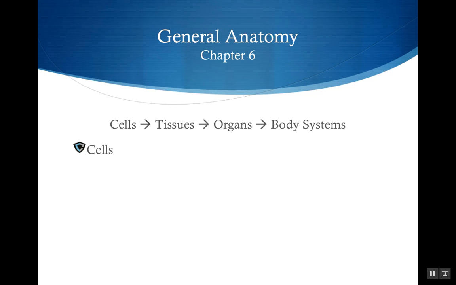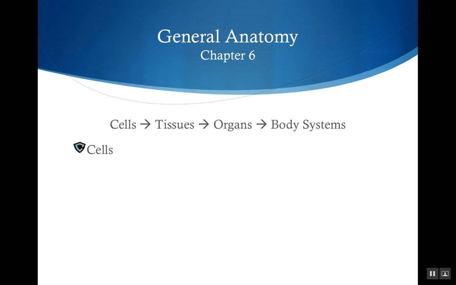And cells all have different shapes based on their function. They have various lifespans depending on their function and their type of cell, and they have unique functions. The term that we use to describe the specialized function of the cells is differentiation. And what that means is basically that a brain cell, for example, cannot do what a red blood cell does.